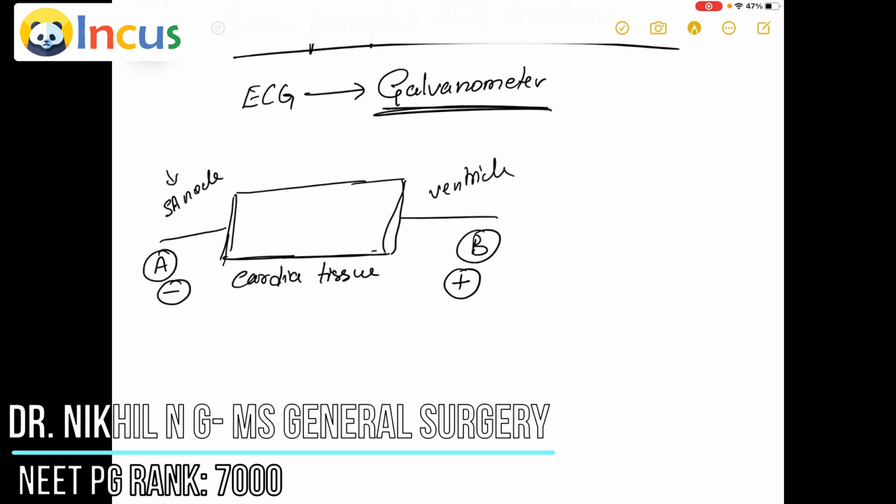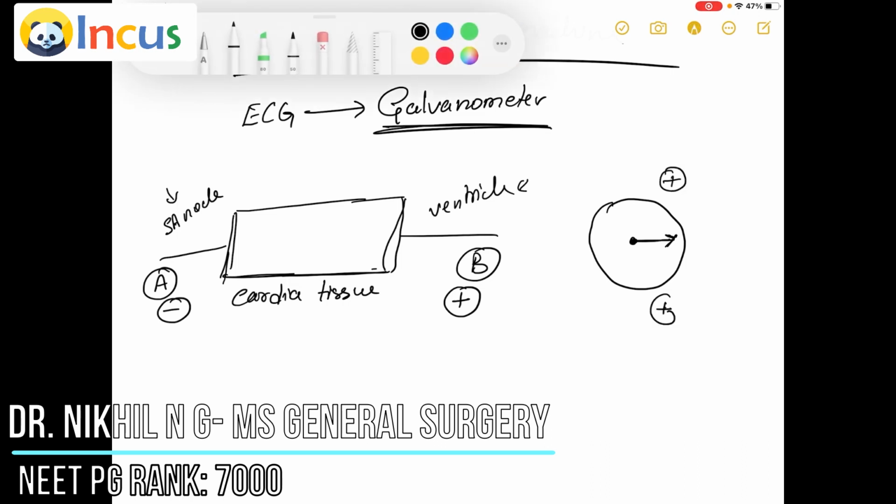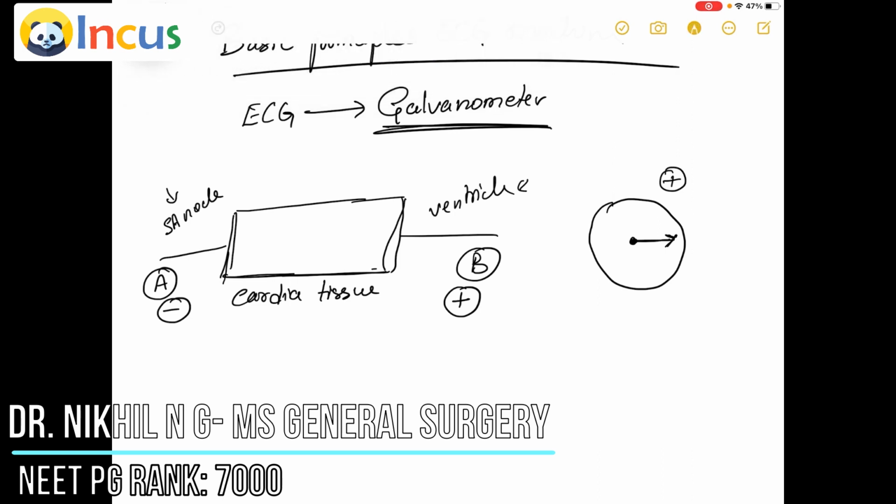So this is the SA nodal end, this is the ventricular end, and this has been connected to the ECG machine. The ECG machine has a pointer which contains ink and forms the positive and negative deflections, and the ECG machine is also connected with positive and negative terminals, and this is the ECG paper which records the deflections.